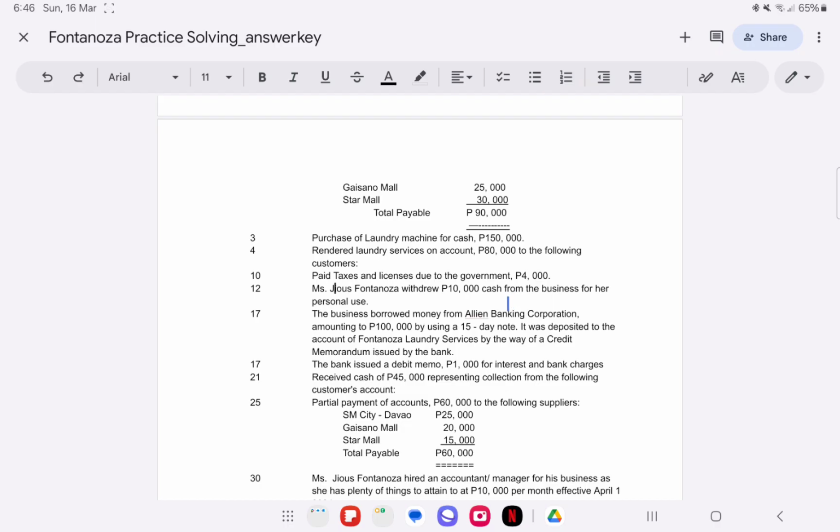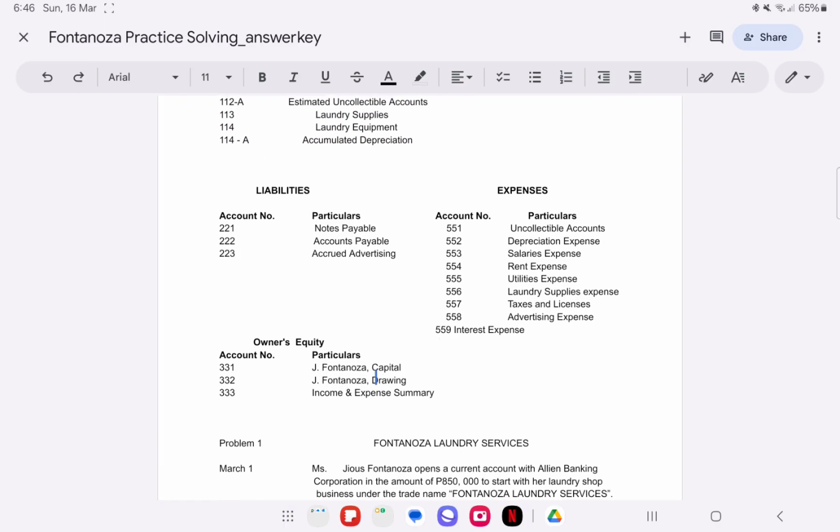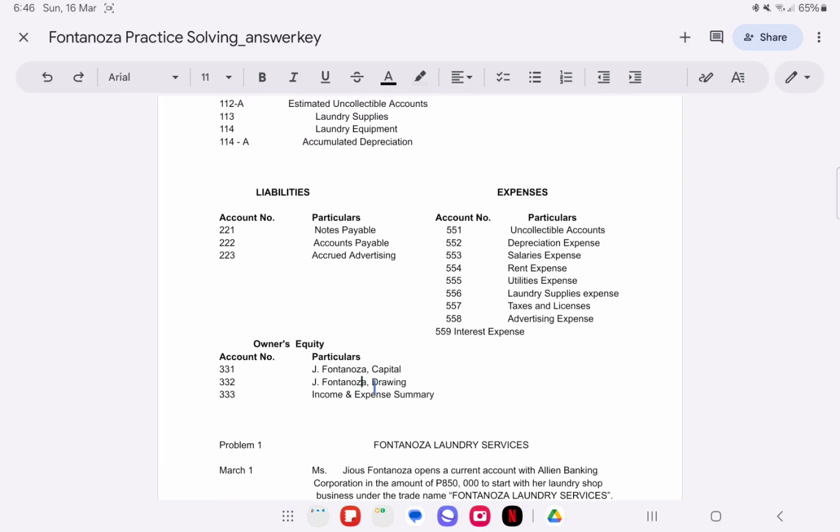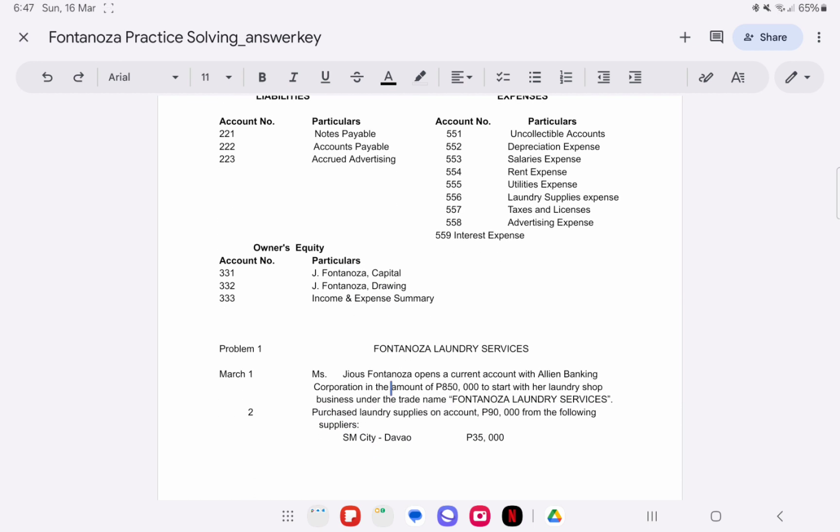Let's check what would be the accounting title of the withdrawal. Since it talks about withdrawing money, that's drawing. So J. Fontanoza, drawing.